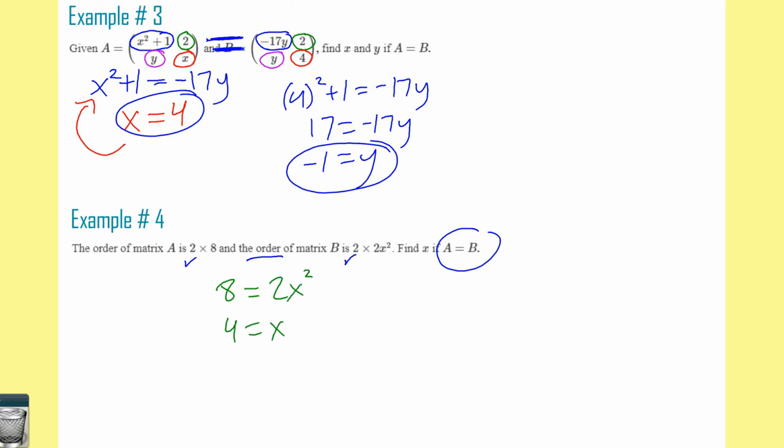So we get 4 equals x squared. So x is either plus or minus 2. However, you want to make sure that both of them work. So we think about how it's written. If I plug in negative 2, I'm not going to have any issues. So both of those would be right. Okay.